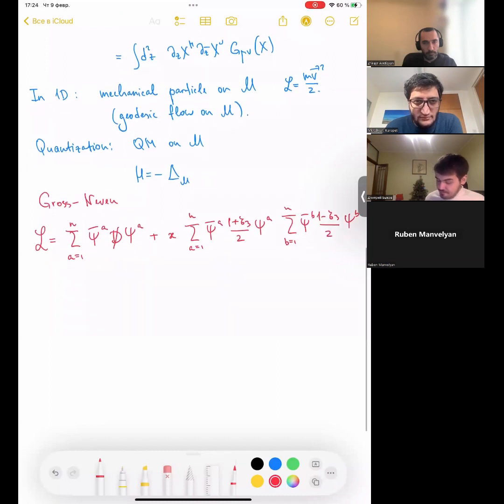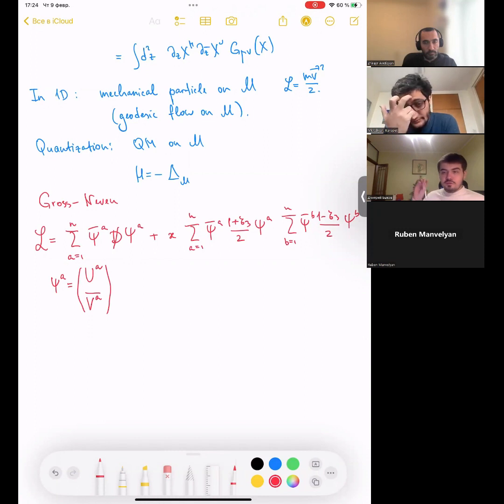Psi is a collection of fields which are Dirac spinors, so to speak, in two dimensions. They are fields with 2 components, so they can be split as U_A, V_A bar. Now U and V are just single functions.